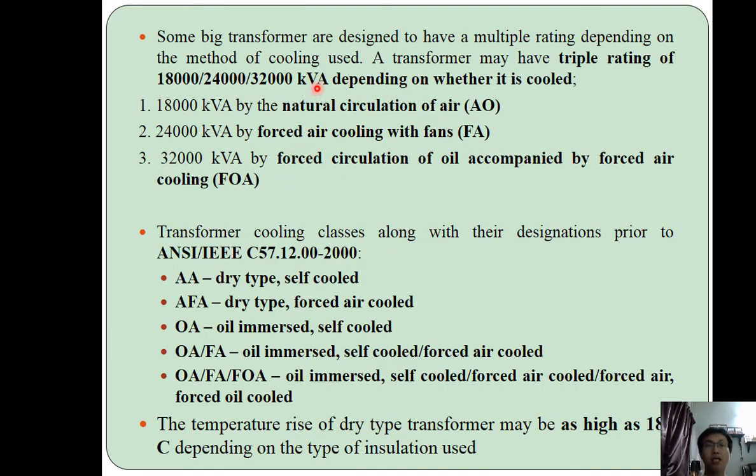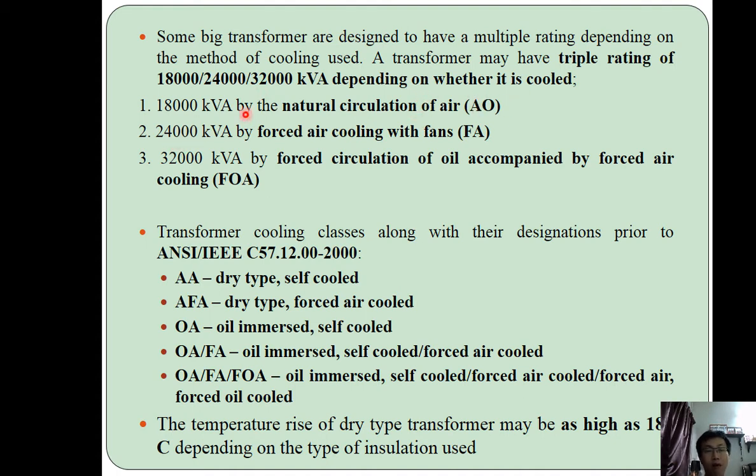Some big transformers are designed to have a multiple rating depending on the method of cooling used. A transformer may have a triple rating of like this: 18 MVA, 24 MVA, 32 MVA, depending on whether it is cooled.